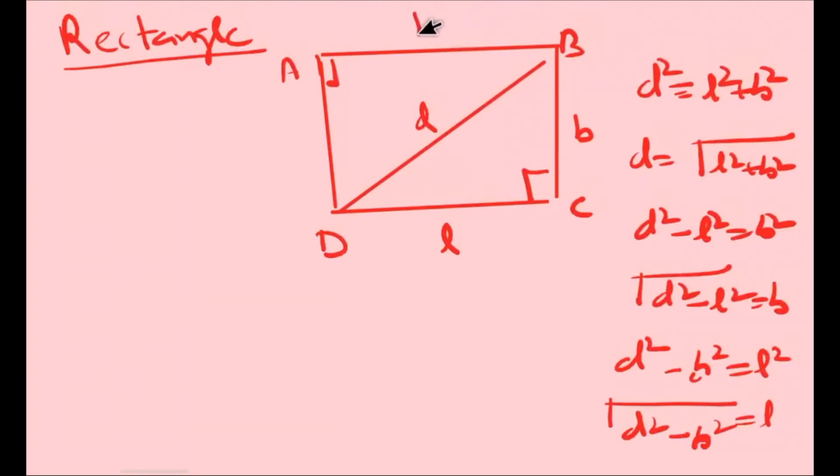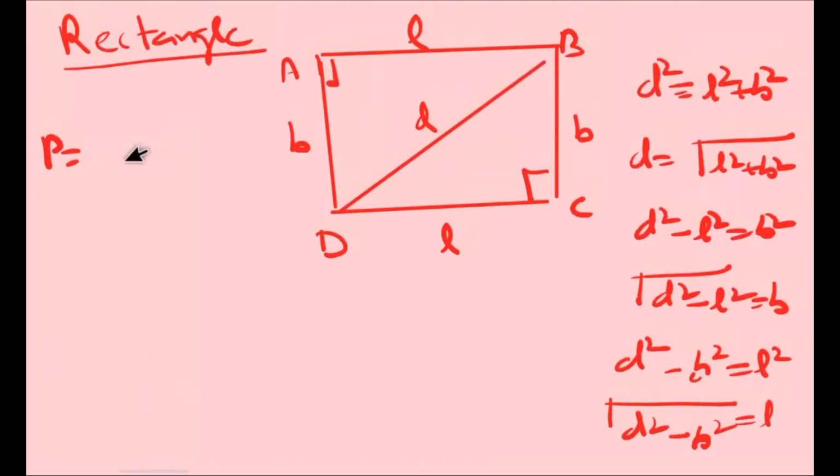Now this one is breadth, this one is length. This one length, this one breadth, this one length, this one breadth. So what is the perimeter?